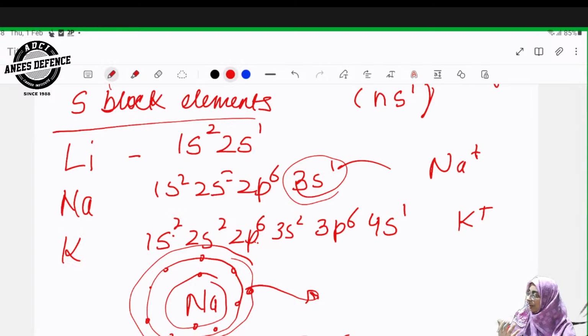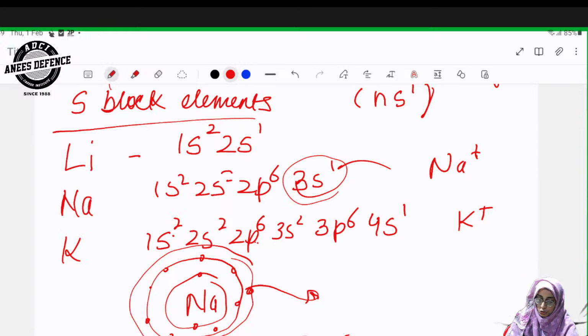No, they are known as inert gases, noble gases. So these group 1 elements are very reactive and can easily form univalent ions.